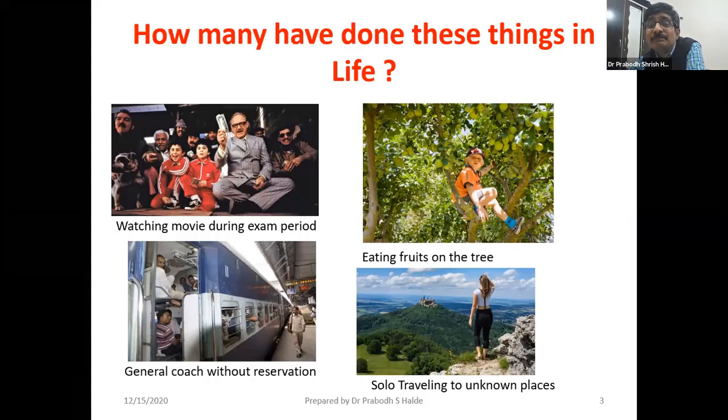How many of you have traveled alone without taking a friend or mobile? If you have done any of these, you have an X factor, and this X factor is called the startup factor. So you have that kind of daring. It is called risk-taking ability.